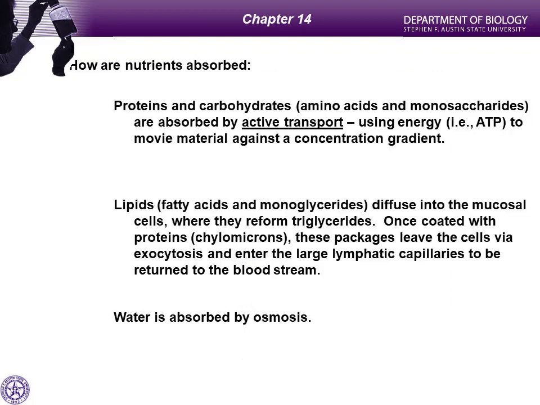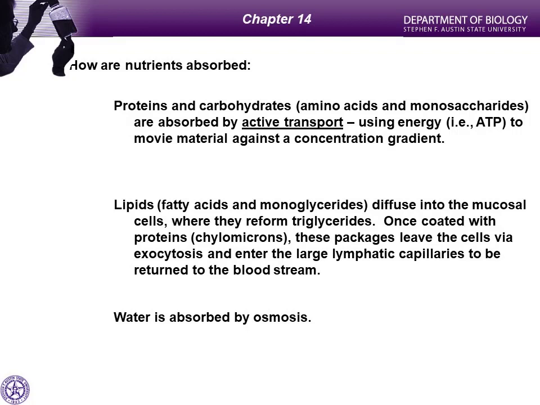Lipids, fats. We break those down into their smallest unit, and these are going to be able to diffuse into the cells. As they diffuse into the cells, the cells are going to process them, and they're going to form triglycerides. How many fatty acid chains in a triglyceride?